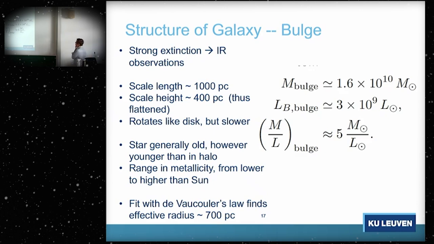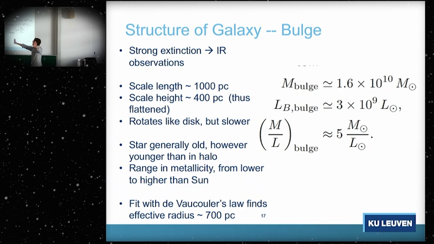All right, the bulge, next part. Strong extinction, so we have to go to the infrared. We have already discussed this. Remember that, for example, in the famous results that gave the Nobel Prize, that was essentially measuring stellar motions close to the galactic center, and from those stellar motions, applying Kepler's law, more or less, and deducing that there must be a supermassive black hole or a compact object of a very large mass sitting in the center of the Milky Way.